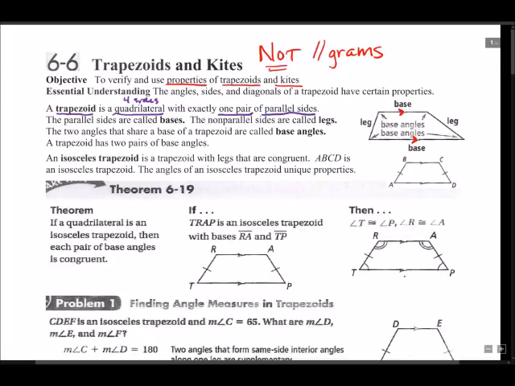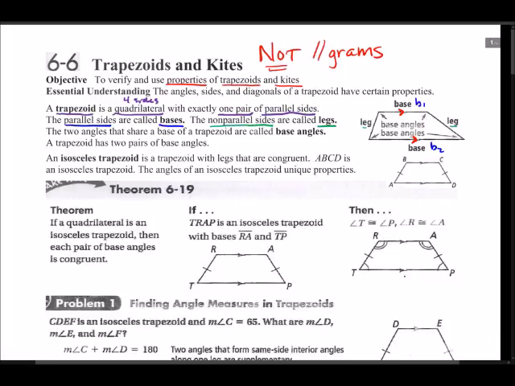These sides, the parallel sides, are called the bases. And we have 2 of them, base 1 and base 2. So we name this base 1 and base 2. The non-parallel sides are called legs. So here's a leg, here's a leg.